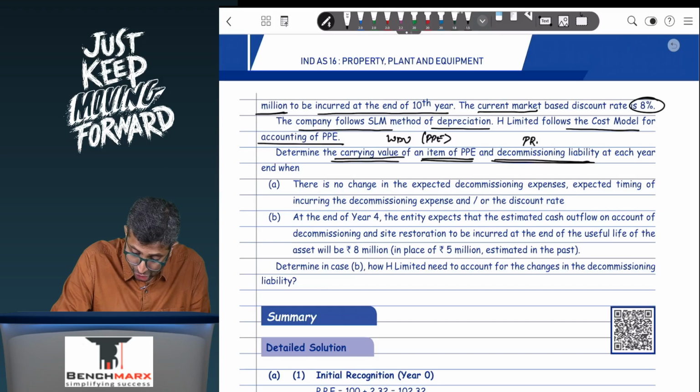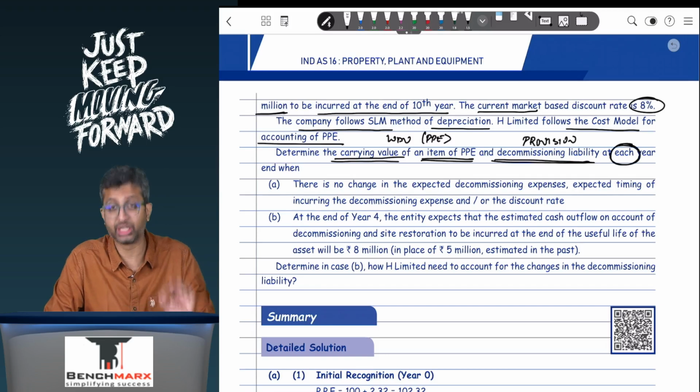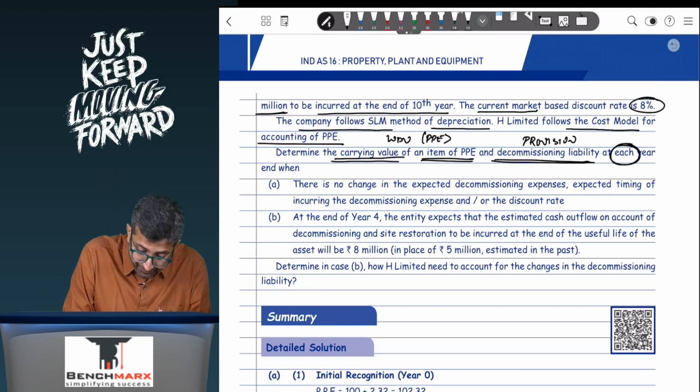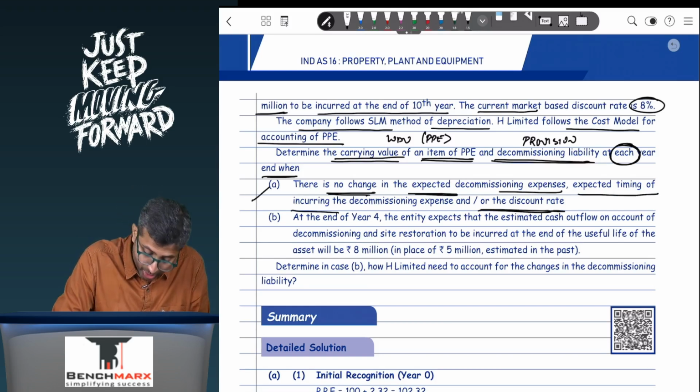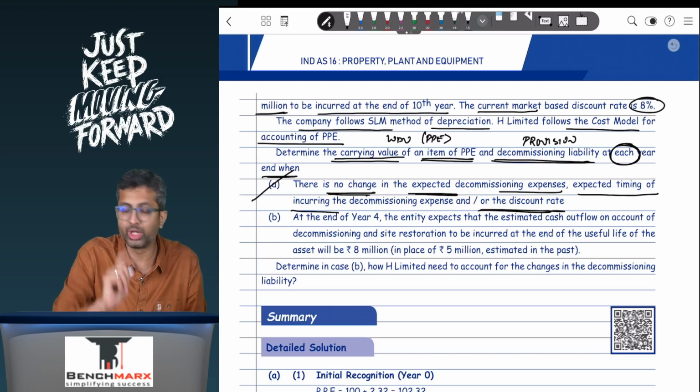This is the provision balance. At each year, it's more like a concept builder when there is no change in the expected decommissioning expense, timing of incurring those expense, and the discount rate. You will just try this. Point B we will do in class tomorrow.